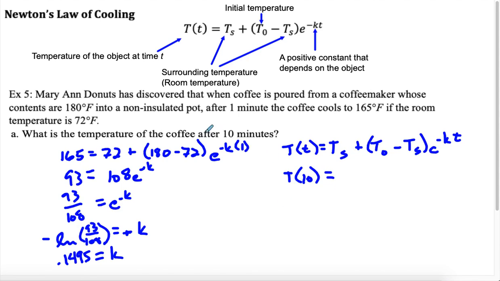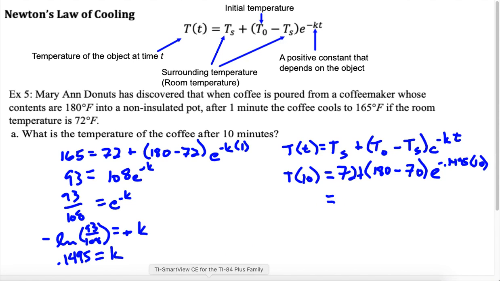So T of 10, after 10 minutes, equals T sub s, the surrounding temperature, plus my starting temperature minus the surrounding temperature, times e to the negative 0.1495 times 10. Once I solve for k, I'm just plugging all of this information into the formula.